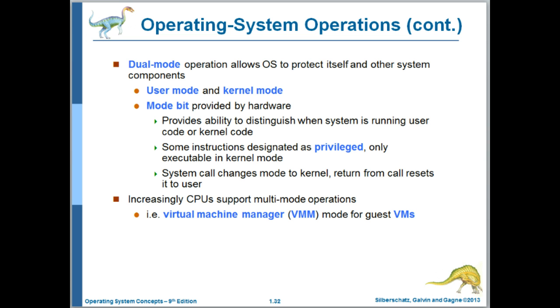For that reason, it's not a good idea to allow user processes to run arbitrary code in kernel mode. That would allow any user process to halt the system, to look at other processes' memory or other users' files.